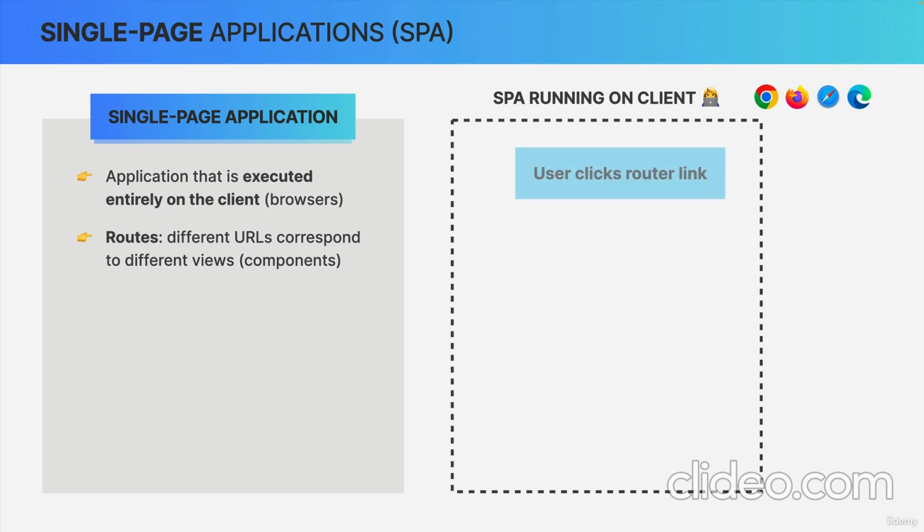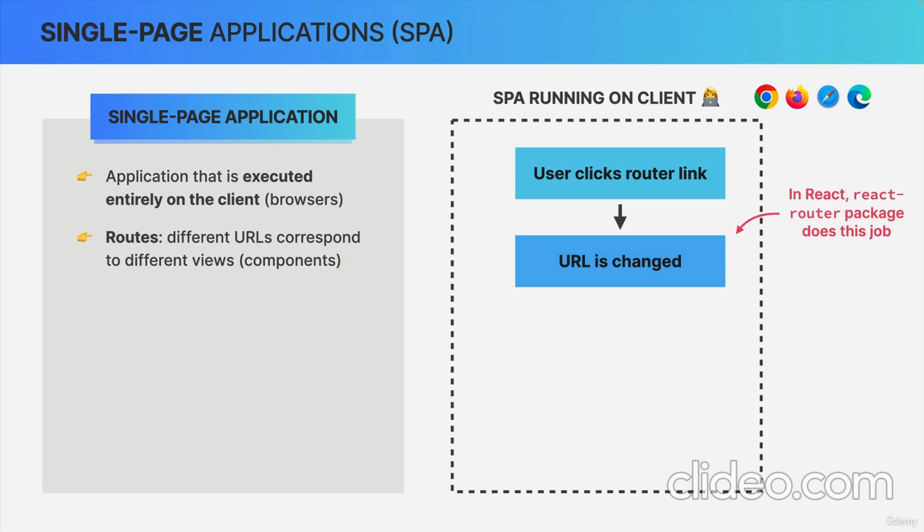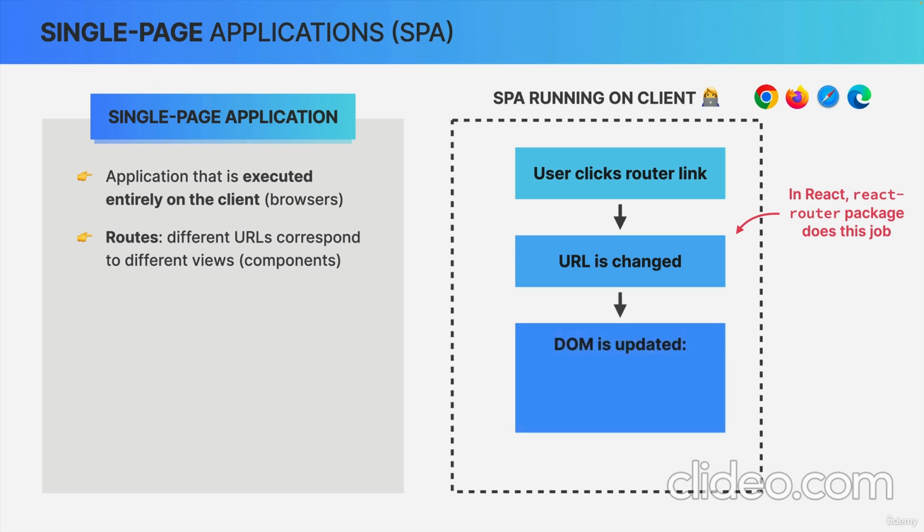Whenever a user clicks on a special link provided by the router, the URL in the browser simply changes. In the case of React, this job is usually done by React Router. Now, changing the URL will then trigger the DOM to be updated as a result. And in single-page applications, it's always JavaScript that will update the DOM and therefore the page.